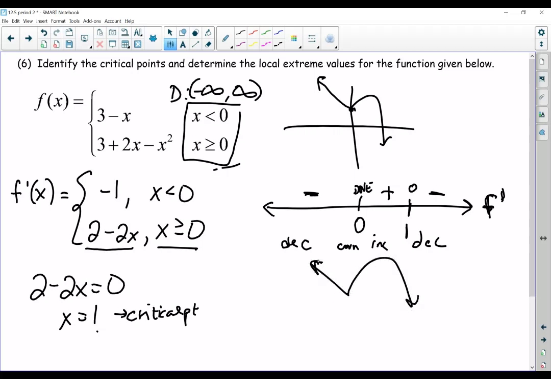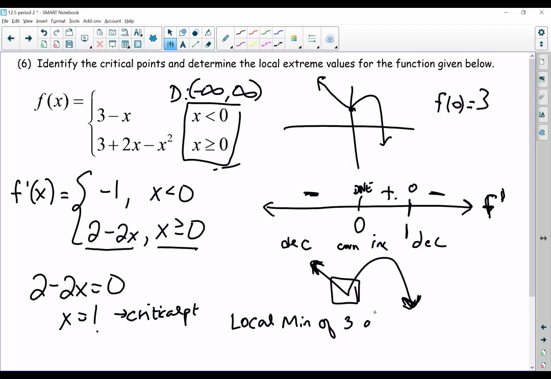So do we have any absolute maxes and mins? No, because this function is going to go down forever, and this function is going to go up forever, especially if I look at the horse. There's like no top heavy, bottom heavy Beyonce situation here. Okay, so this corner then has to be a local min because we go from decreasing to increasing. So there's a local min of, let's see, if we plug in 0, f of 0 is 3.